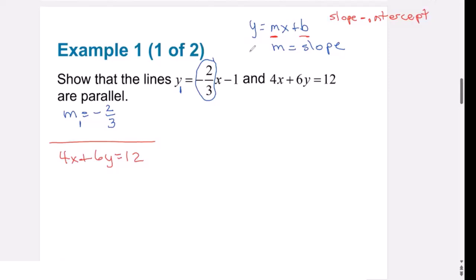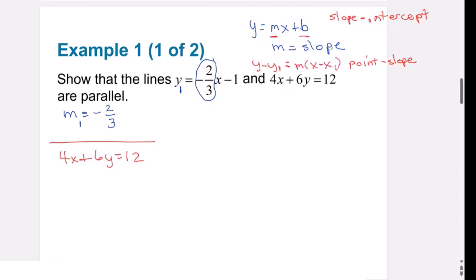Then we have point-slope, and it's called that because if we're given a point and the slope, there would be my y1 that I'm given, here's the slope, and then I would be given x1 as well.